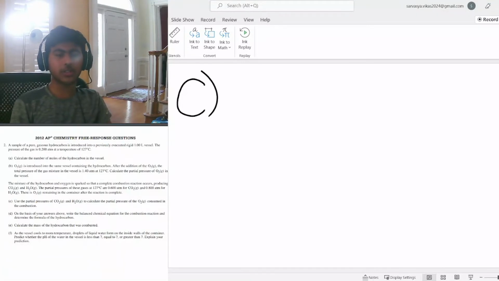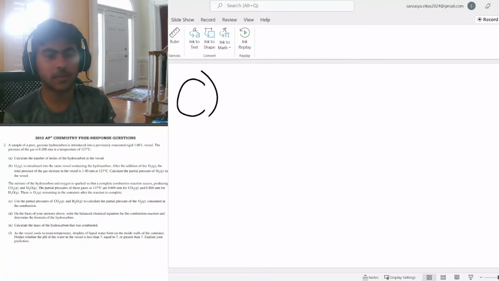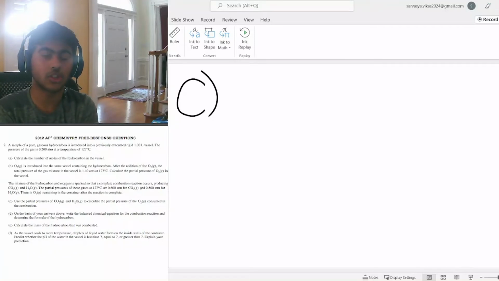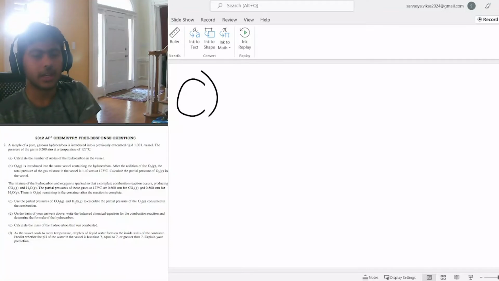Use the partial pressures of carbon dioxide and water to calculate the partial pressure of oxygen gas consumed in the combustion. Alright, so essentially this is a kind of combustion analysis question. Except that instead of using the actual number of moles or masses of something, we're just given a bunch of pressures, and we're going to try to think about what those pressures could mean.